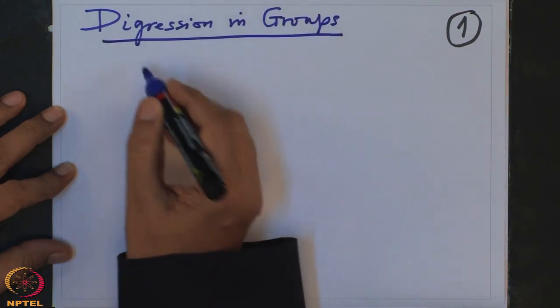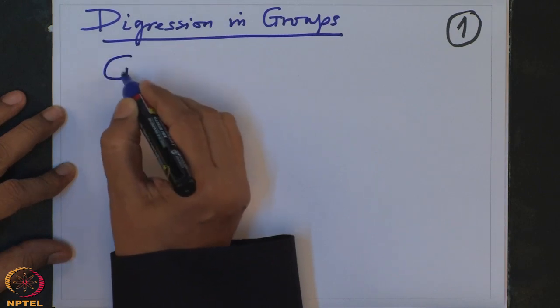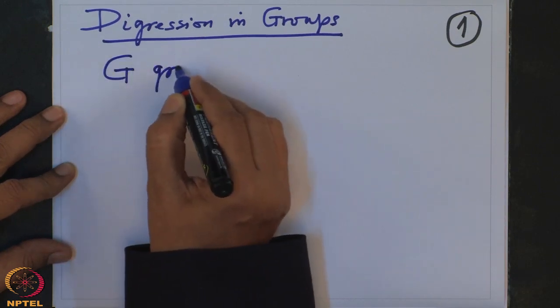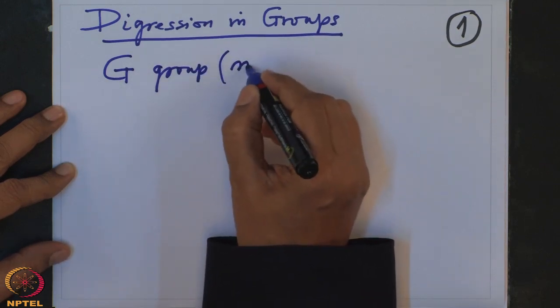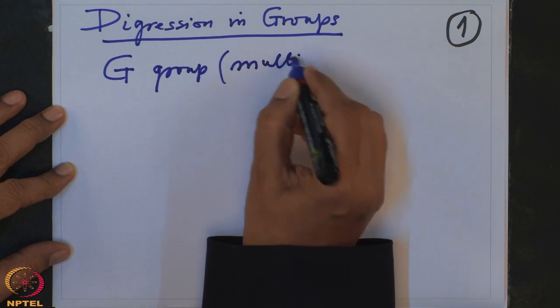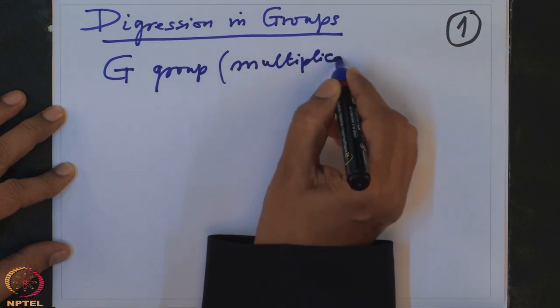All right, so we will as usual denote G a group, and we will use the binary operation written multiplicatively. So we will keep saying that G is a multiplicative group.